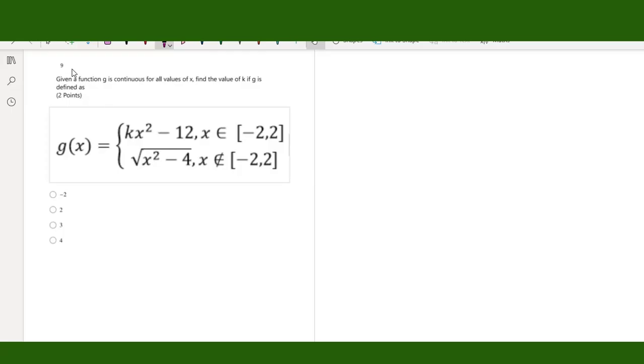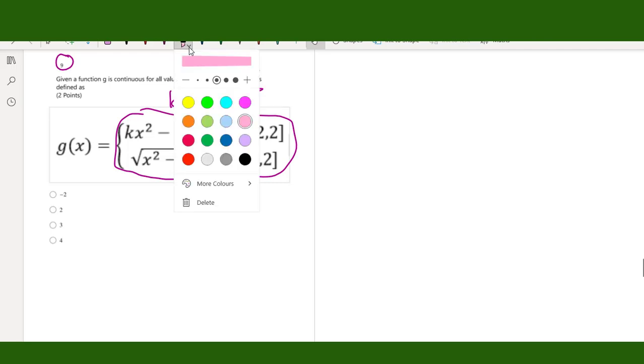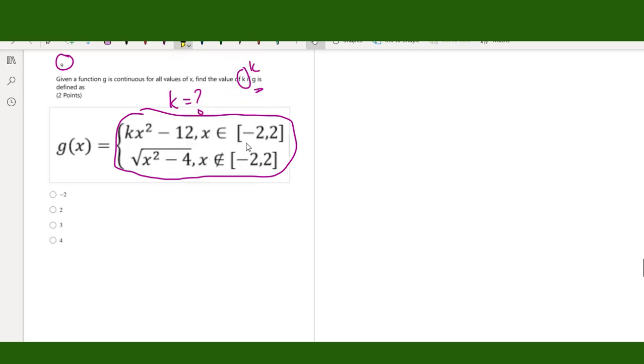Number 9. Given a function g is continuous for all values of x, find the value of k if g is defined as a piecewise function. From the piecewise function, try to change it to a number line, so it is easier for you to check.